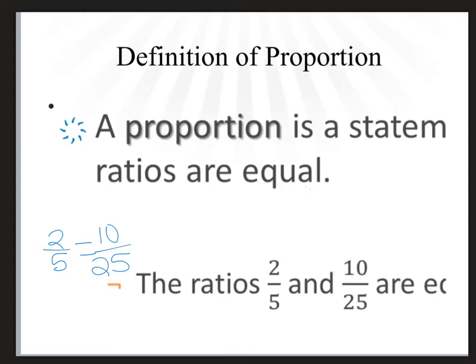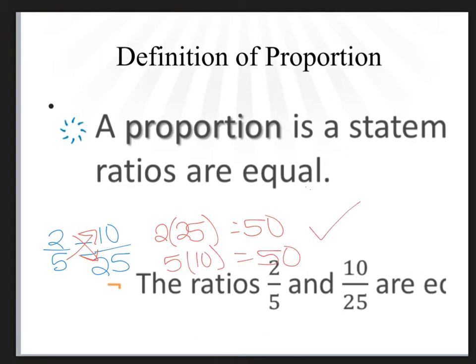How do you know that they are equal? You can check by either simplifying 10/25 or doing cross multiplication. 2 times 25 is 50, and 5 times 10 is also 50. Because those are both 50, they are equal and it is a proportion.